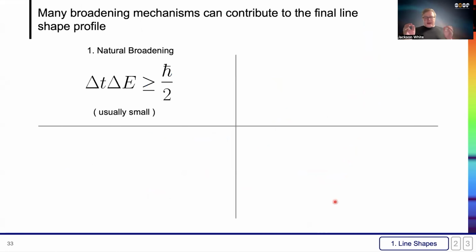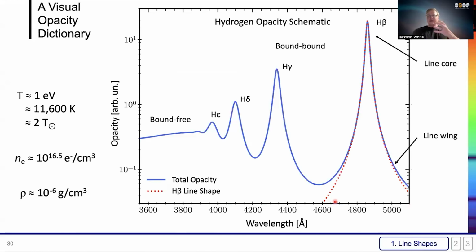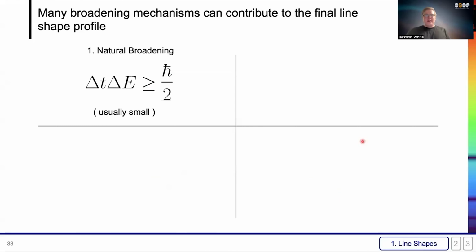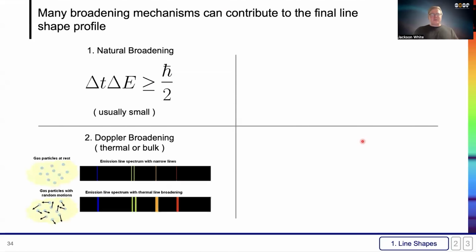Now, calculating the shape of one of these line shape profiles, calculating the width, the broadening, the line center is really what we're after when we try to calculate line shape theory. There are a number of different physical broadening mechanisms that can contribute to this final line shape profile. One of these is natural broadening, which is related to Heisenberg's uncertainty principle, but that's usually pretty small.